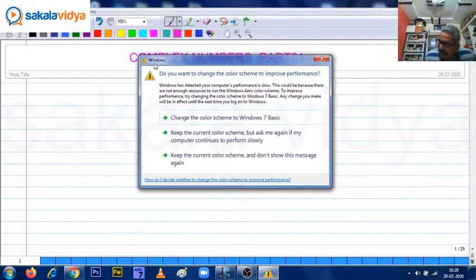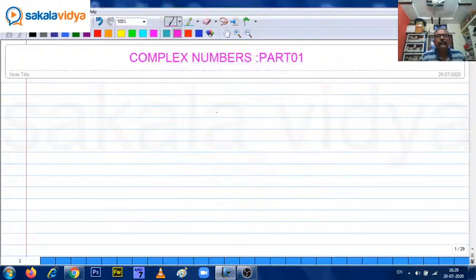Okay, let me give the introduction today. So first, let us consider x square plus 1 is equal to 0.